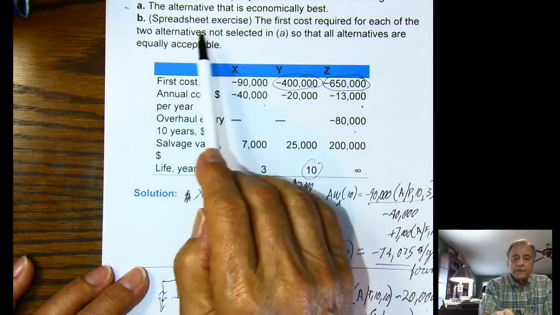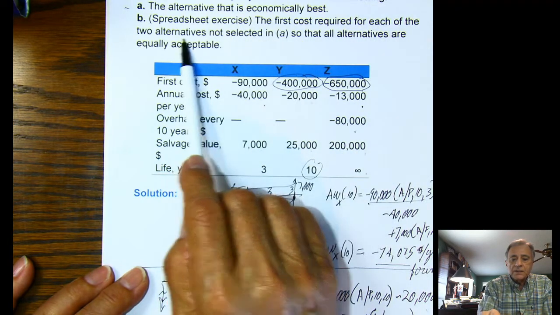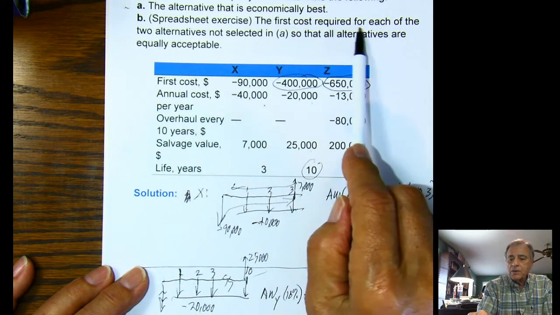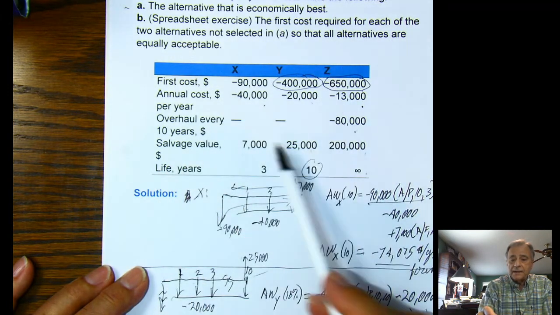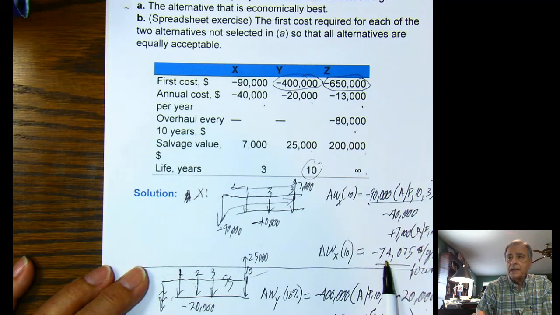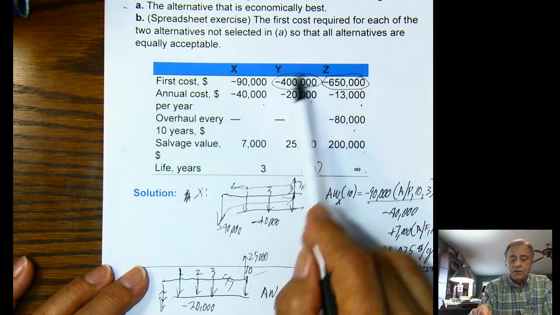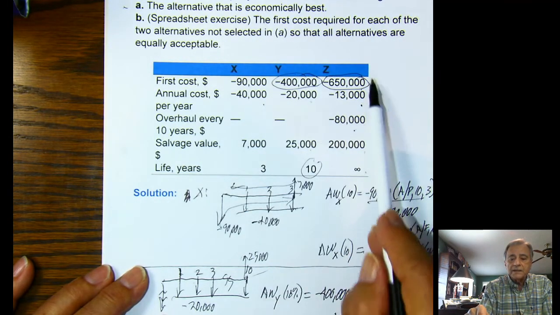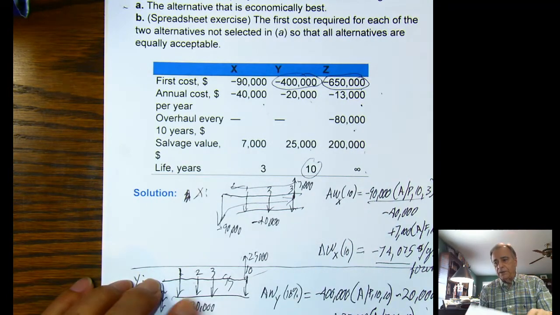So let's read the question. The first cost required for each of the two alternatives not selected. Well, we selected X, remember, because its annual cost was lowest, $74,075. And now we want to say, well, what would the first cost of Y and Z be in order to have these equivalent?